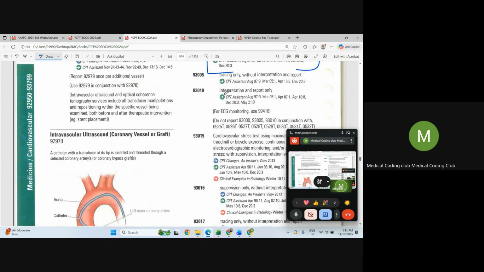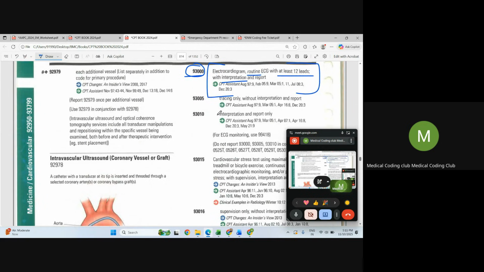But when it comes to the hospital ED, and you are billing for the ED physician, you would only bill whatever he did. In our medical record, the physician did interpretation and report only. So I need to assign 93010, and for the hospital, I could report 93005.